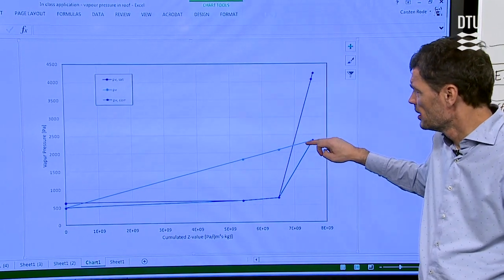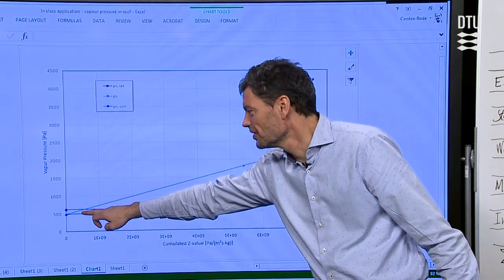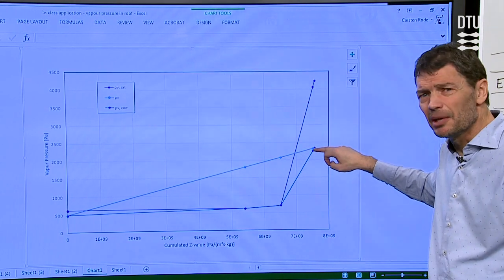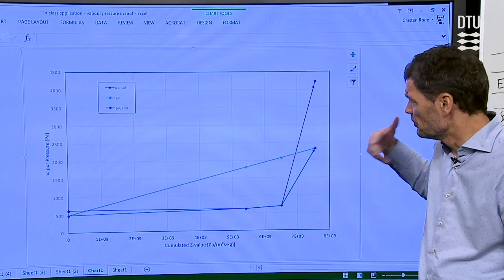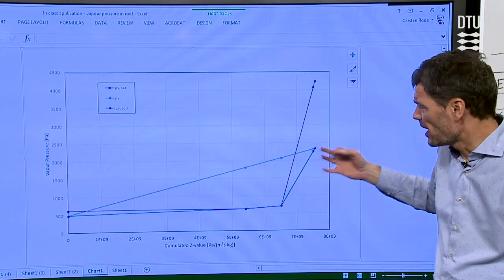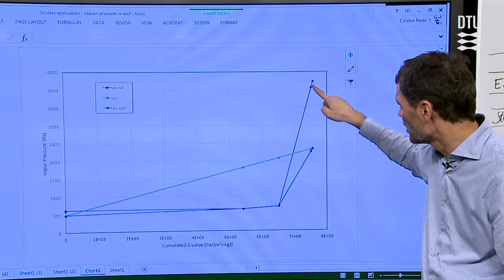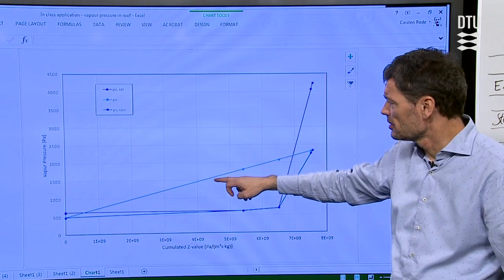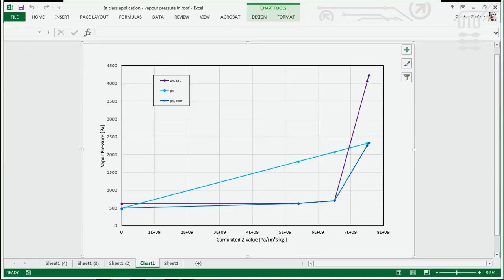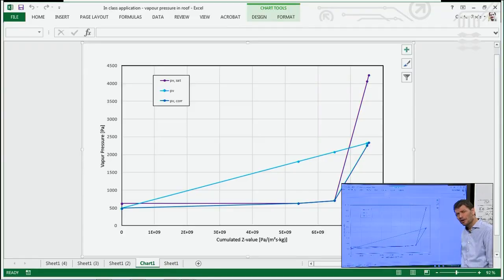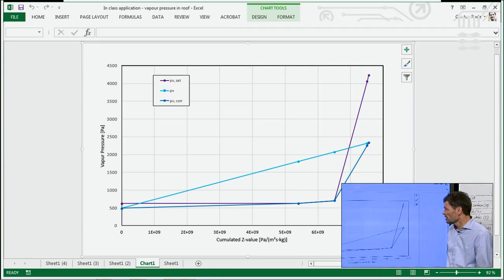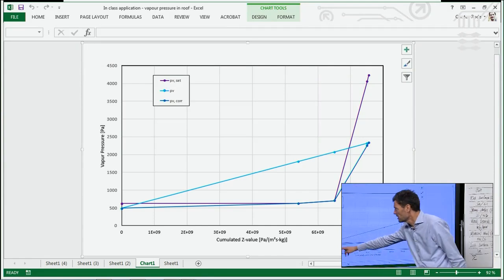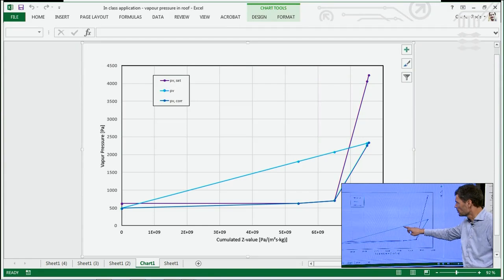First, we thought we had a straight line kind of distribution of the vapor pressure. But when we also considered the maximum possible, the saturation value, which is the purple line we have here, well, then we saw that we got some values which were too high, and that is physically not possible. So what we did then was that we started from the outside and we tried to calculate if it were too high.